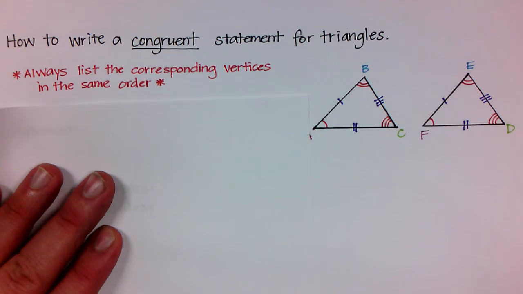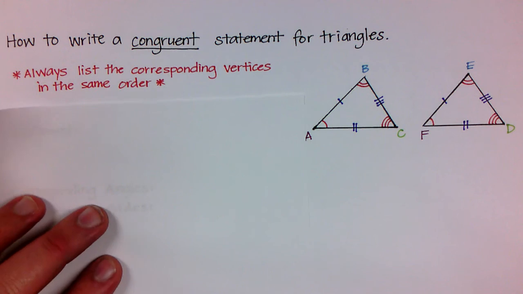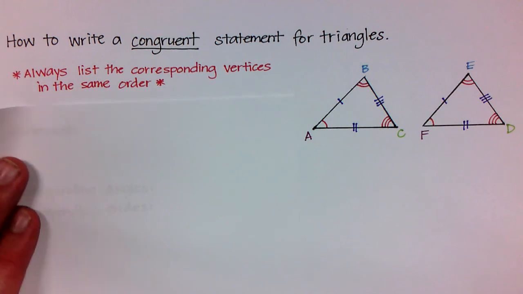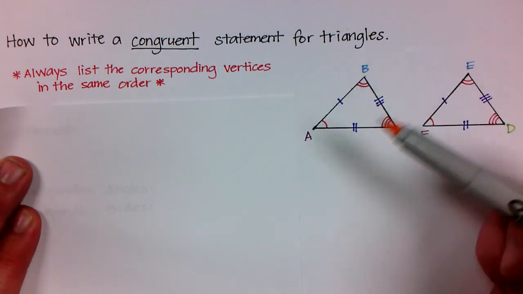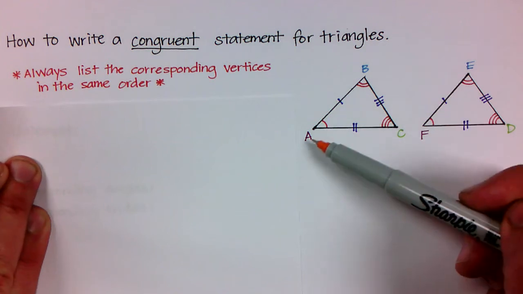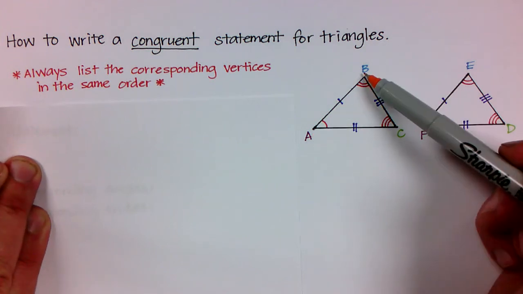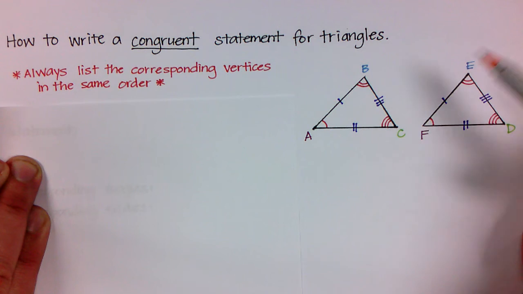Right here I have two triangles drawn for you already, and a whole bunch of labeling that I already did. So you can see this triangle has A, B, and C as its vertices, and the second one has F, E, and D as its vertices. And I did some color coordinating just to show you what's corresponding.